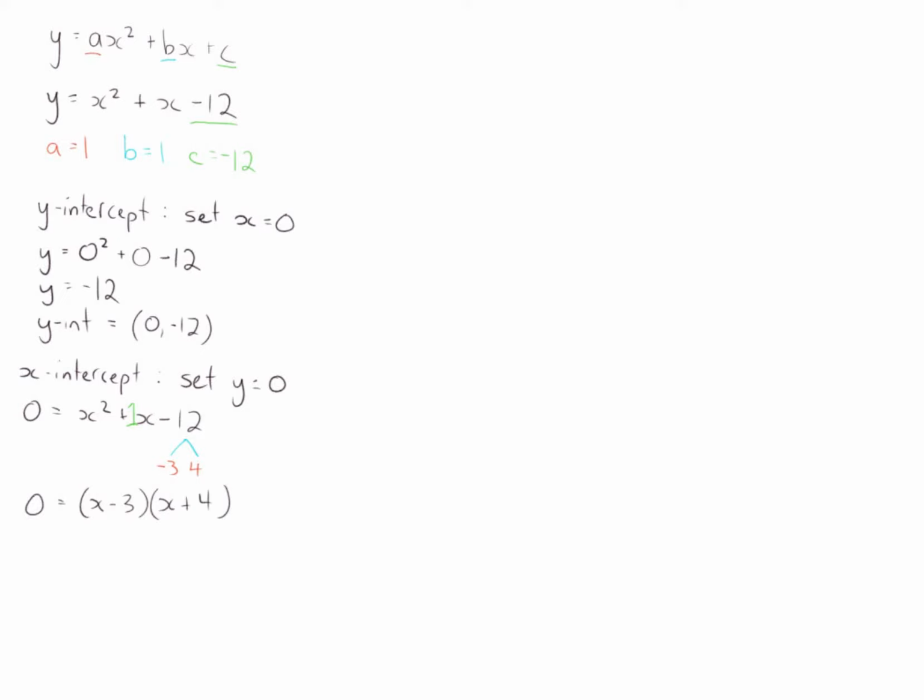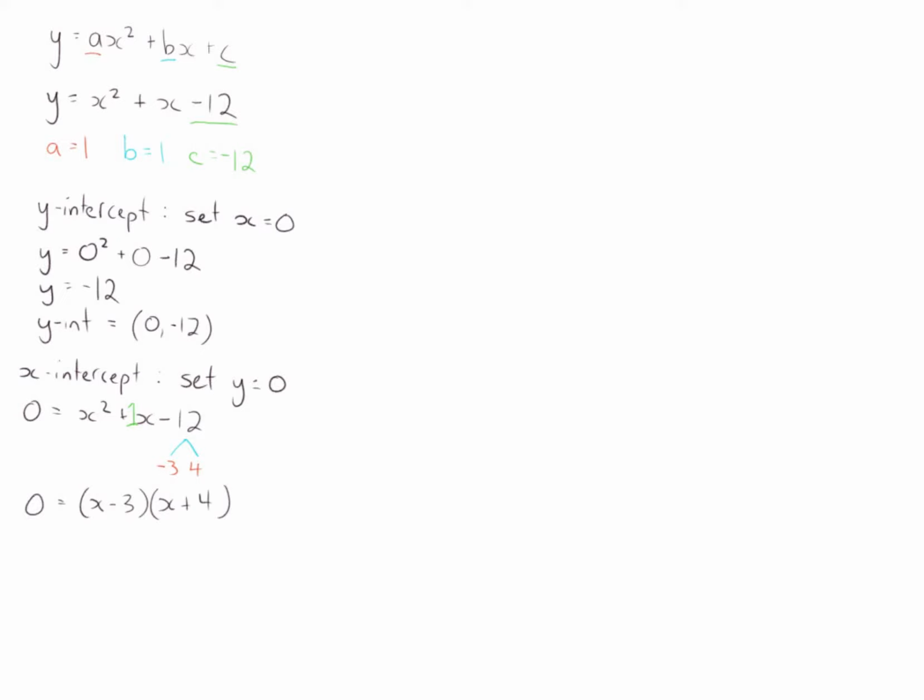If we FOILed this expression and did the first, the outer, the inner, and the last, we would get 4 terms: x squared, 4x, minus 3x, and negative 12. And when we simplify, we would get x squared plus x minus 12. Okay.